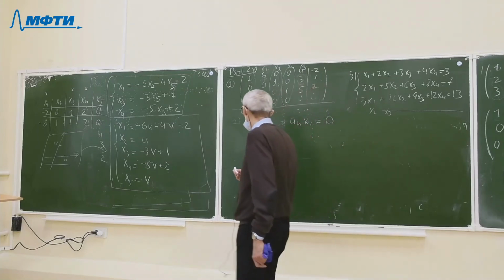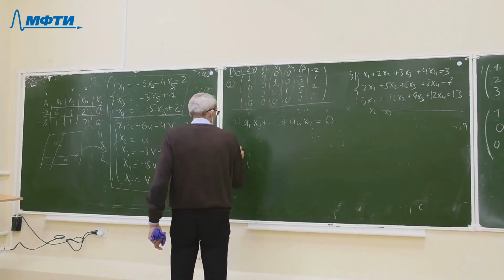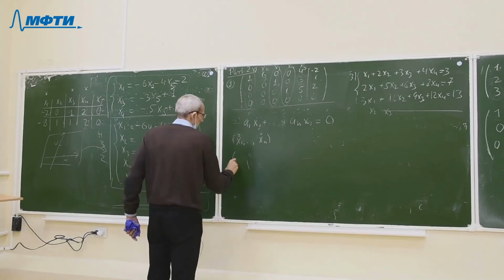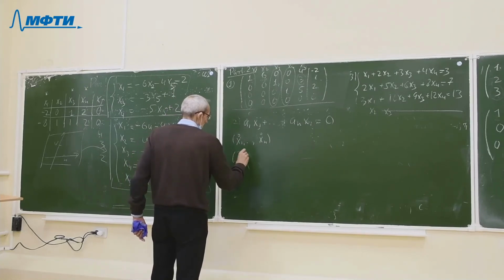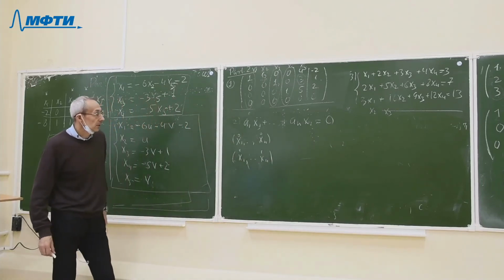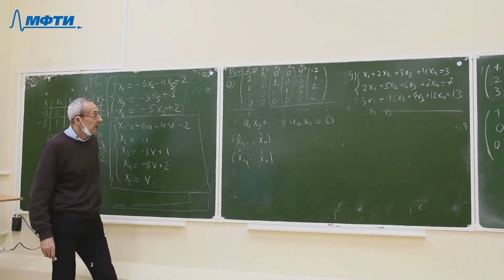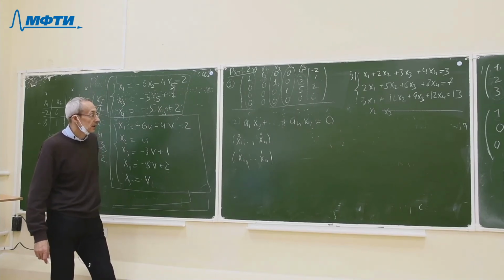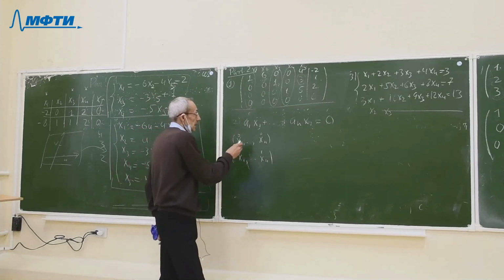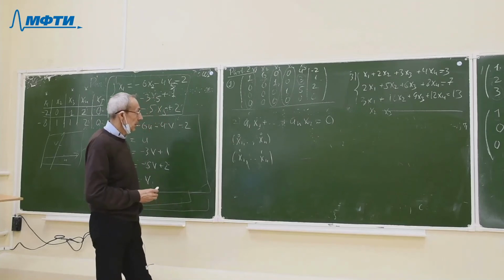Easy to see, if we have two elements x1^0 ... xn^0 and x1^1 ... xn^1, we have two fixed vectors of our space, and let's suppose that these n-tuples are solutions of our equation.